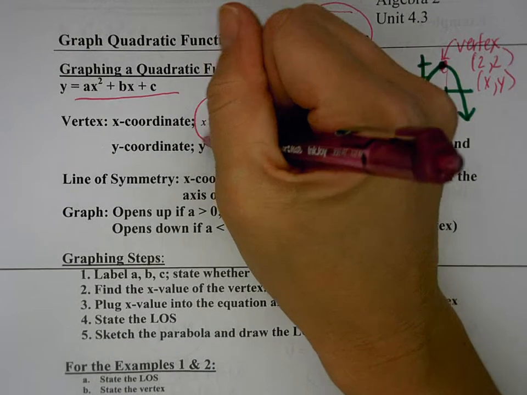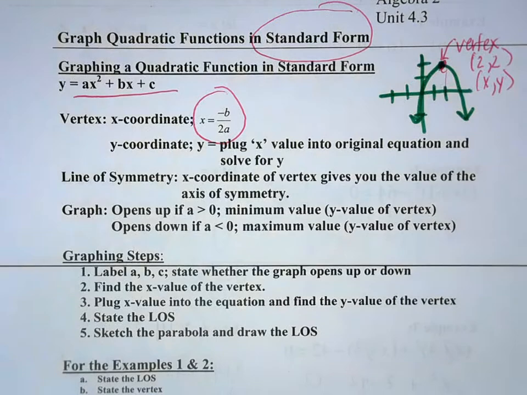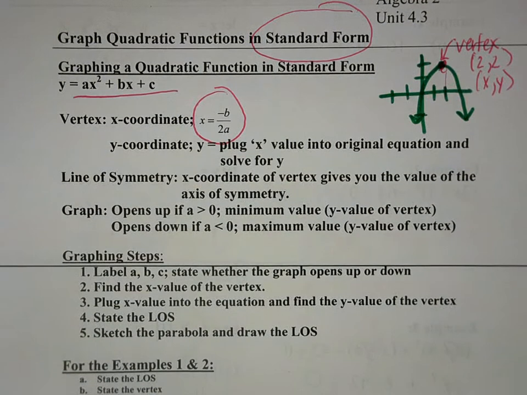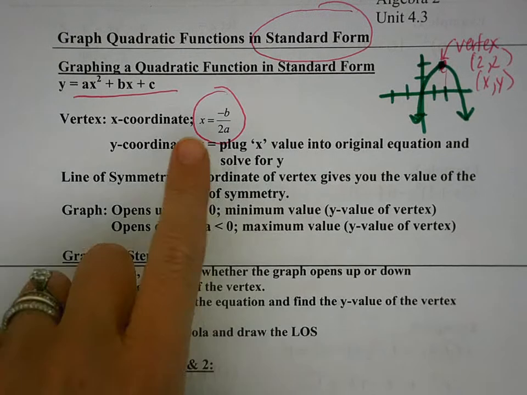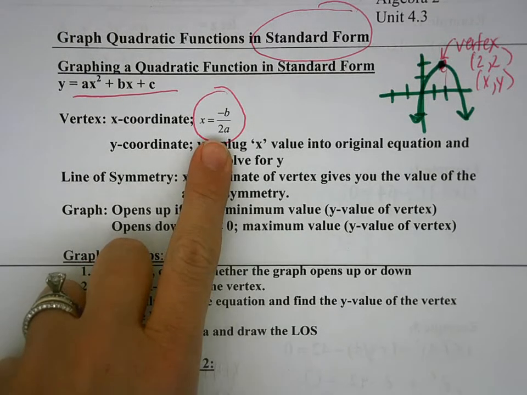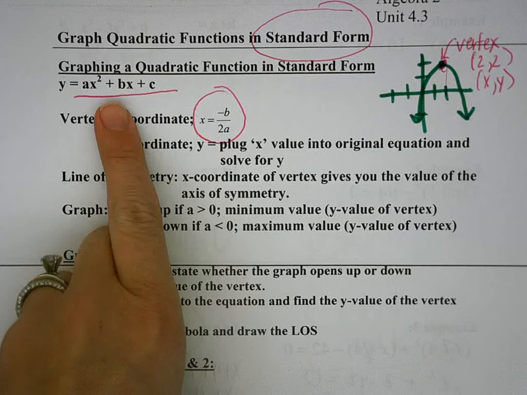Okay, now, if your equation is written in standard form, you can find this vertex by using this equation right here. And you're going to want to end up memorizing that. Your vertex is negative b over 2a, or the x value of your vertex is negative b over 2a. Where do you think I get the b and the a value? From your equation, right?